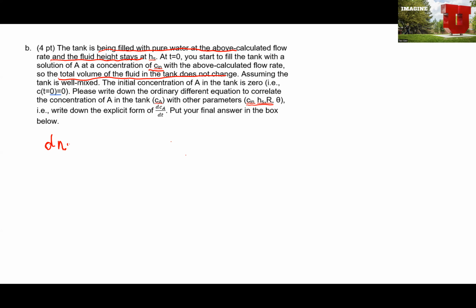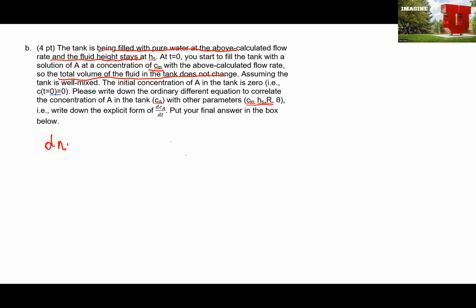Why did we not divide all the terms by V? Oh, sorry. Yeah, you're right. Okay. Then we just need to find out how to relate V in and V out with these. Then we're done.